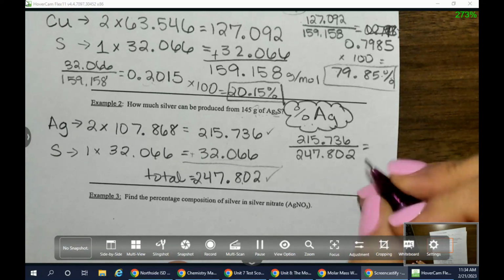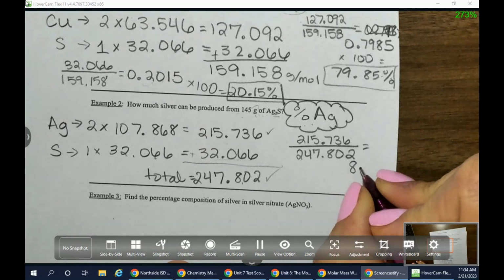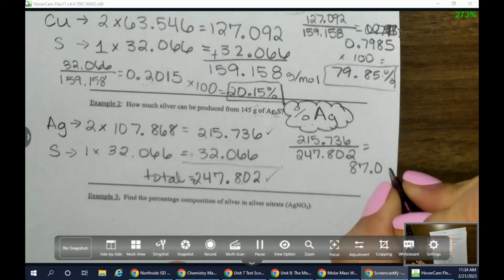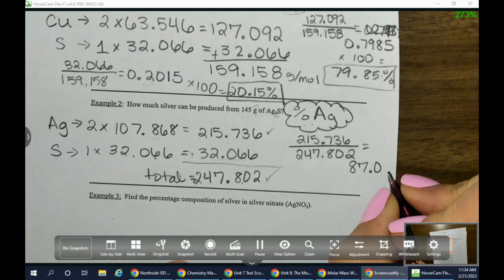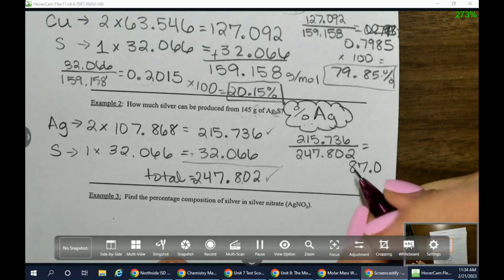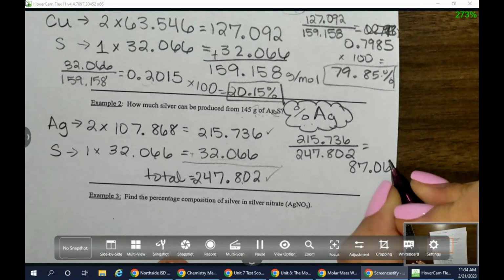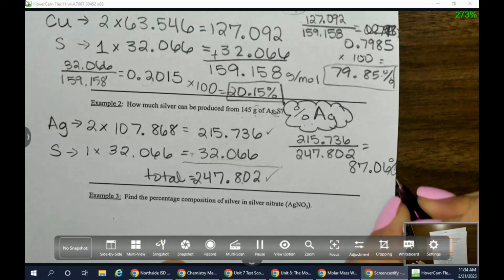Mm-hmm. So I have a 87.0. You said 0.5? All right, what's after the 5? Nothing? Oh, 9. Okay, so what do we want to do with that 5 probably? Let's round up to a 6, yeah. Again, if you don't, it's okay. It's not the end of the world.